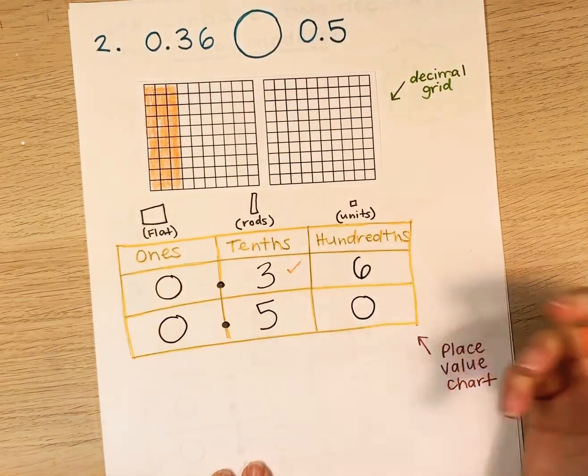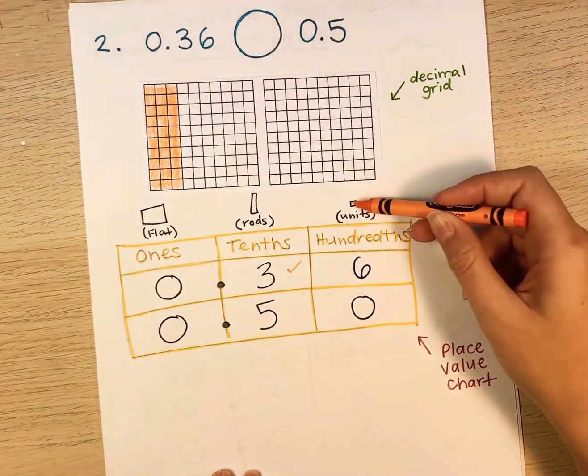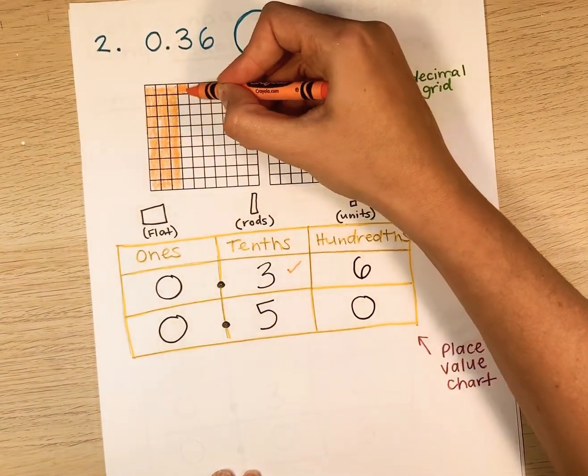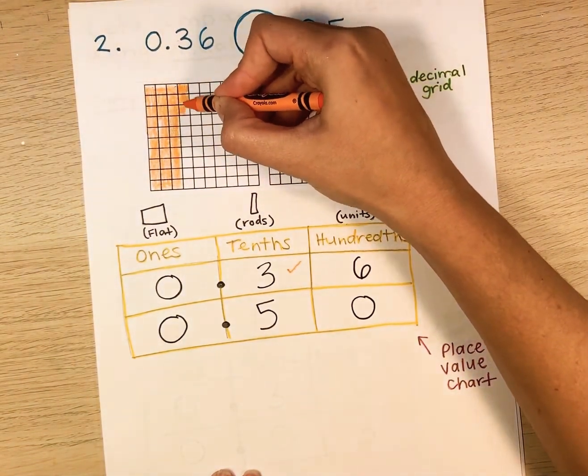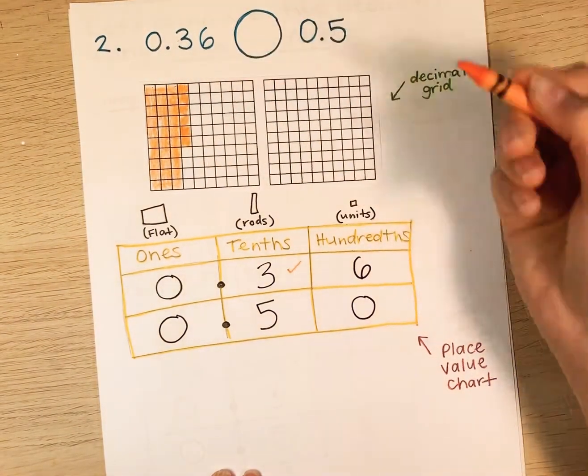I did that, check. And now I have hundredths, and I know my hundredths are represented by units, so I'm going to need to include 6 units. 1, 2, 3, 4, 5, 6. Check.